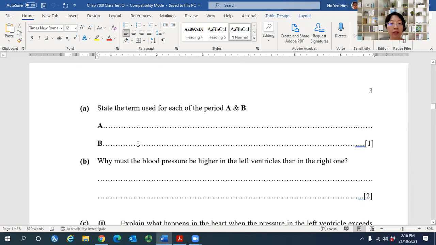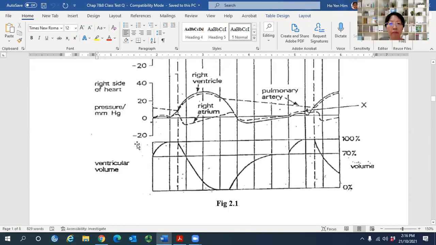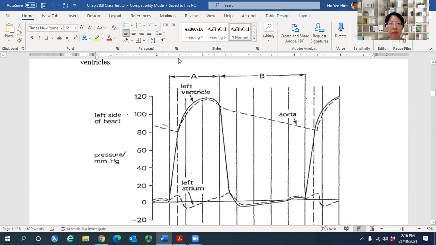A, state the term used for each of the periods A and B. So period A starts from here. That means this is when the ventricle contracts, right? And it ends here. You see, after this point, these 2 lines separate already.